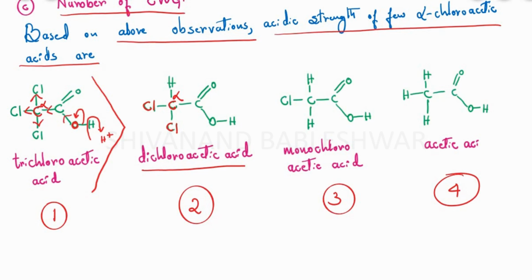And in turn one can say that dichloroacetic acid is much stronger acid when compared with monochloroacetic acid, because in case of monochloroacetic acid we have only 1 chlorine atom present on the alpha carbon atom, and in turn monochloroacetic acid is much stronger acid when compared with only acetic acid. Why? Because in acetic acid there is no halogen atom on the alpha carbon atom. Is it clear, students?